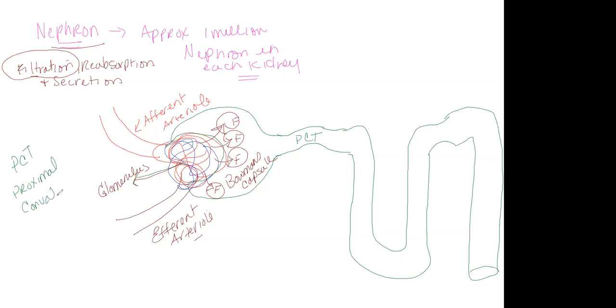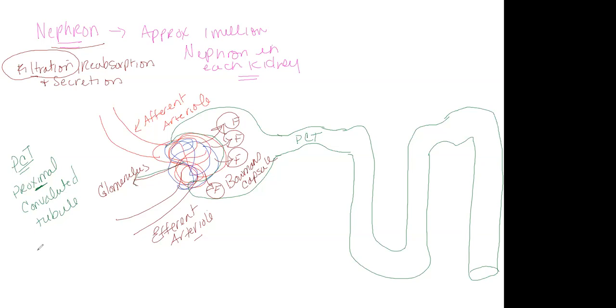Convoluted tubule. So that's the PCT. When we look at the proximal convoluted tubule, we realize that this is a tubule connected to the Bowman's capsule. So it's closest to the point of attachment, hence the proximal. And this filtrate is going to start to flow into this area.